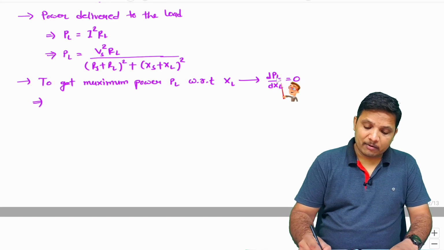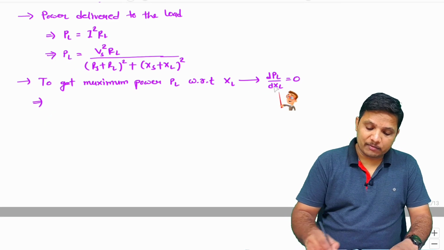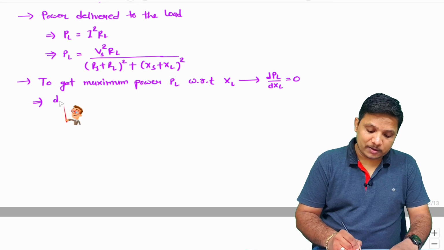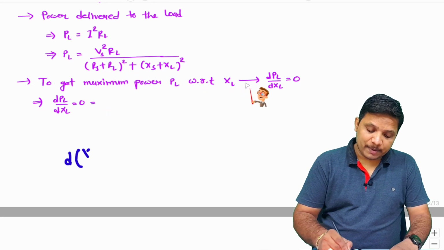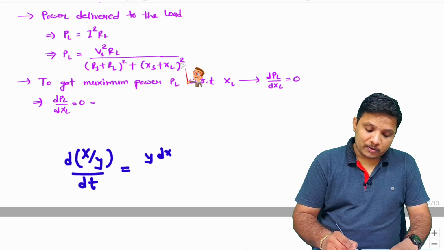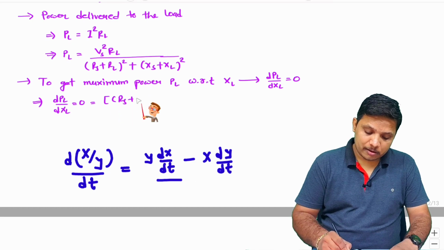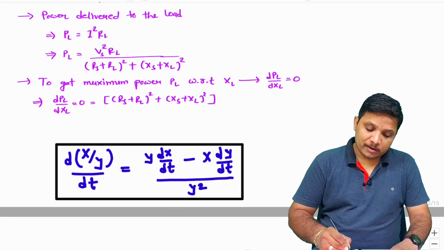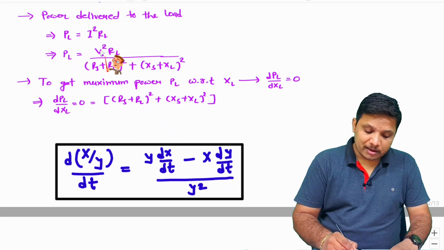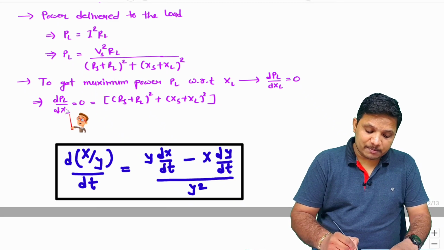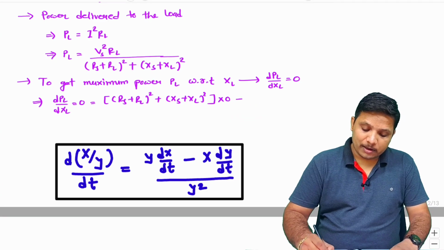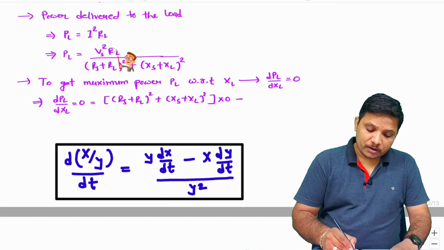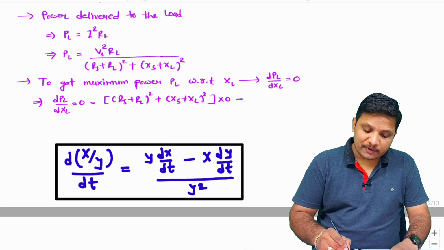So here now we will be differentiating this PL with respect to XL, and that should be equal to 0, right? So you just take the differentiation of this with respect to XL. So the denominator's term into the numerator's differentiation, and the numerator is constant with respect to XL, so into 0 that we need to have, minus the numerator into the denominator's differentiation.